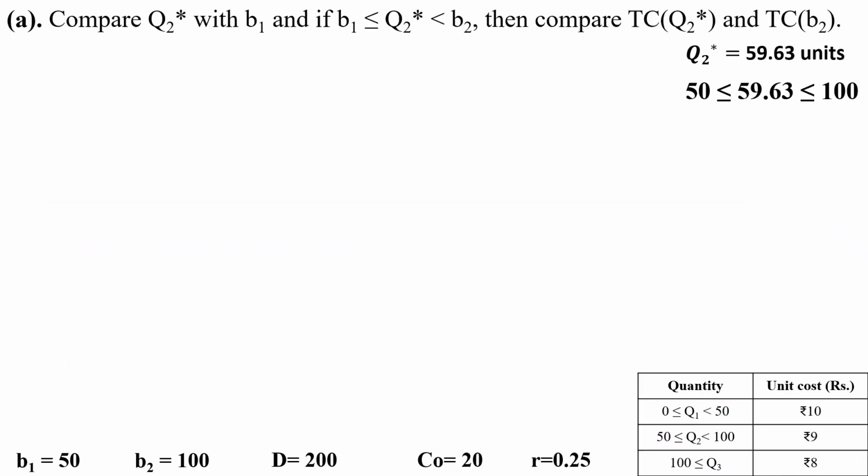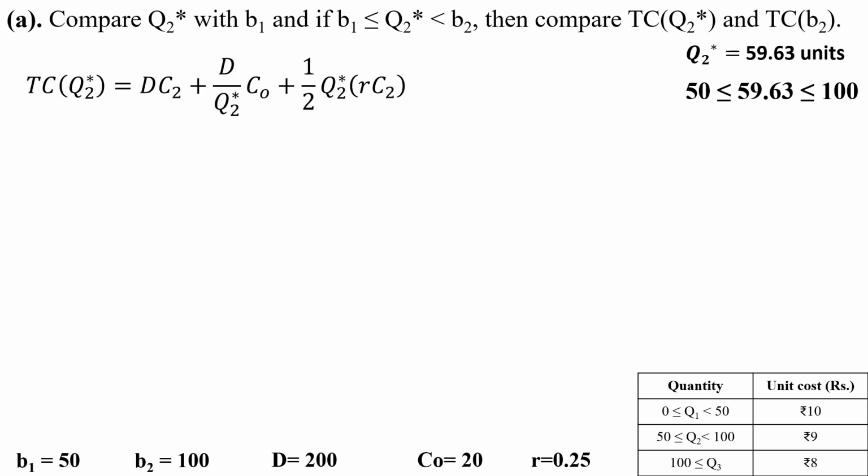Next we compare the total cost for the quantity of Q2* with the total cost for the quantity B2. We know that total cost equals purchasing cost plus ordering cost plus carrying cost.